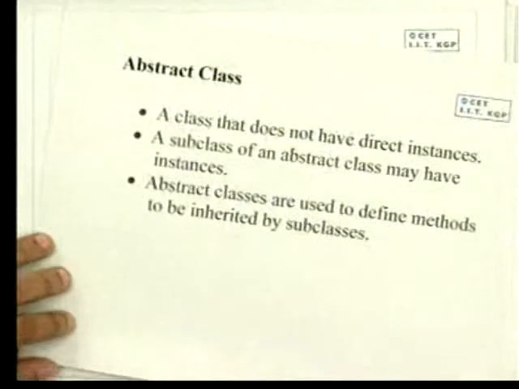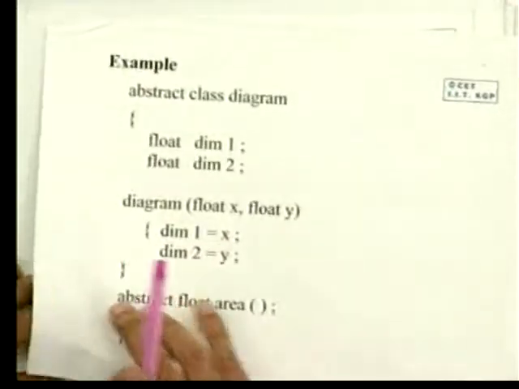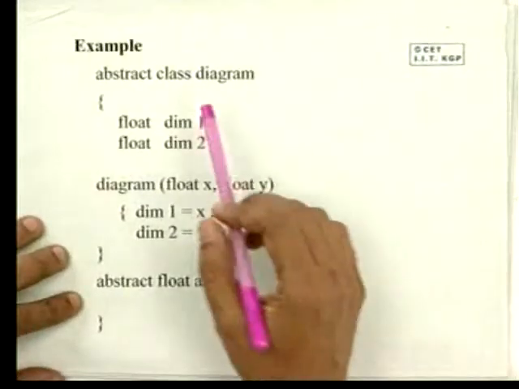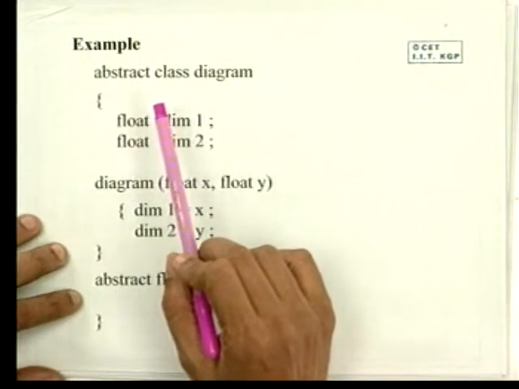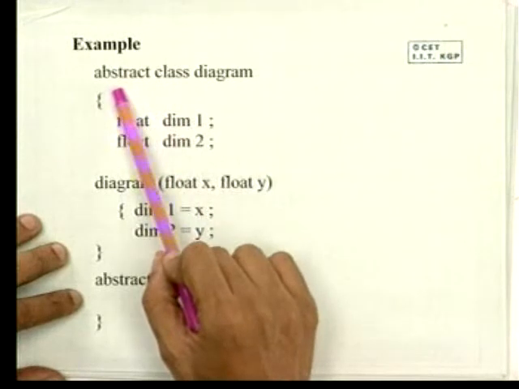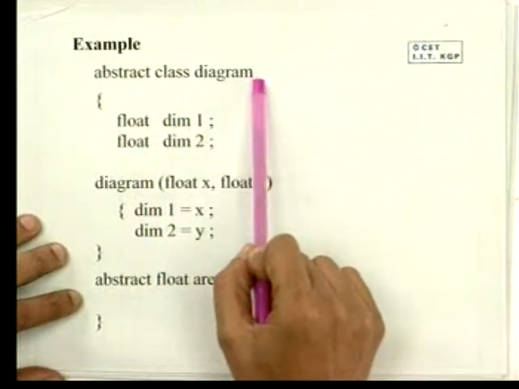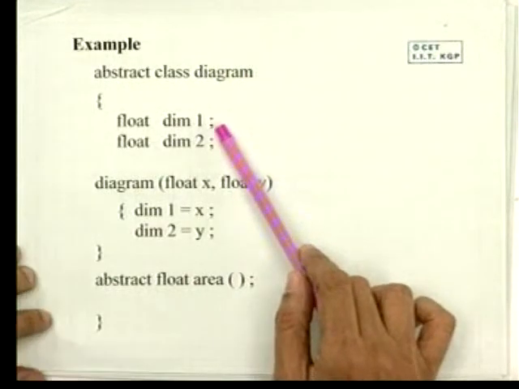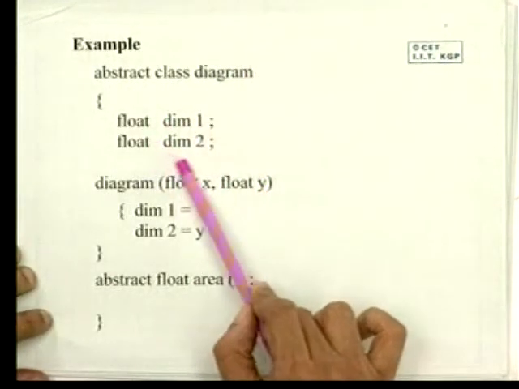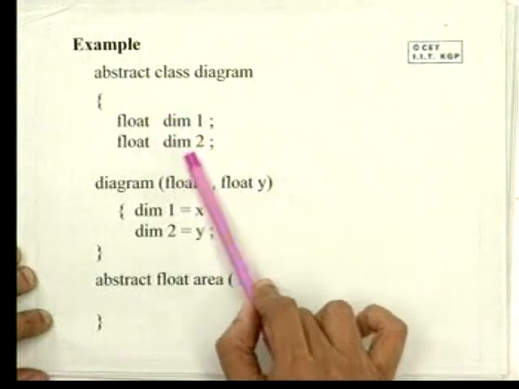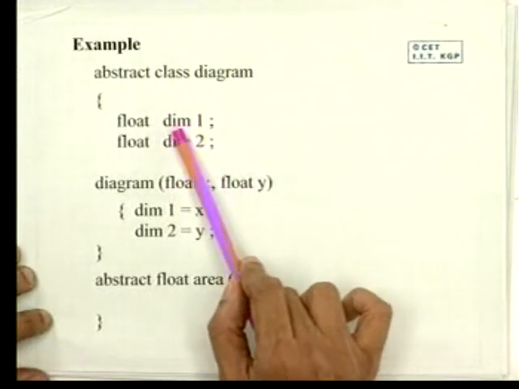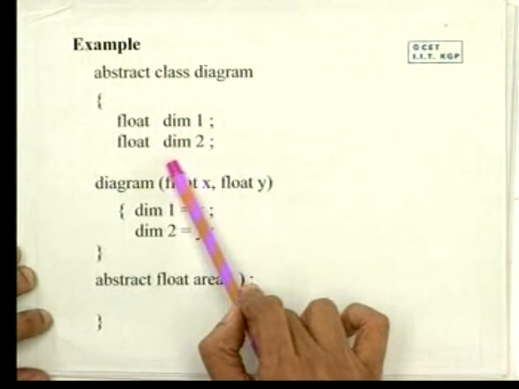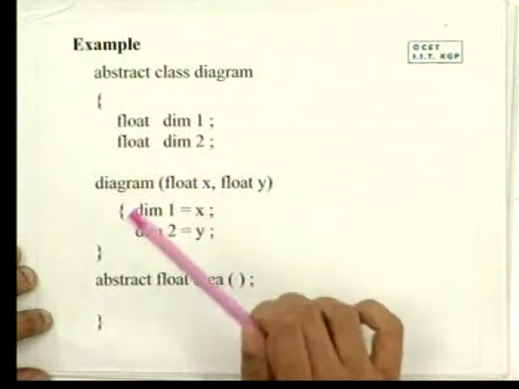let us take the example where we have denoted the closed object by a diagram. So, here we define abstract class diagram. We are sitting with two attributes which we denote by dimension 1 and dimension 2. I am using the types as float.